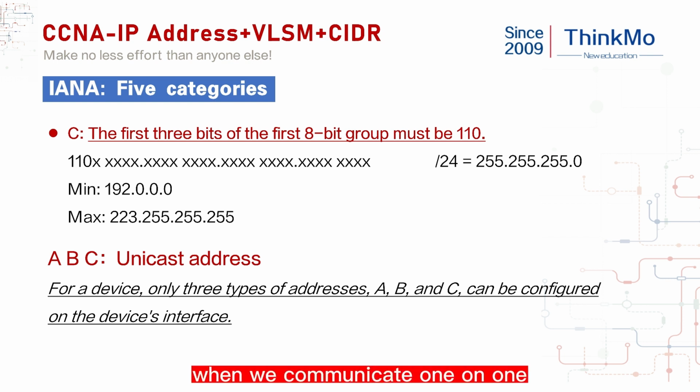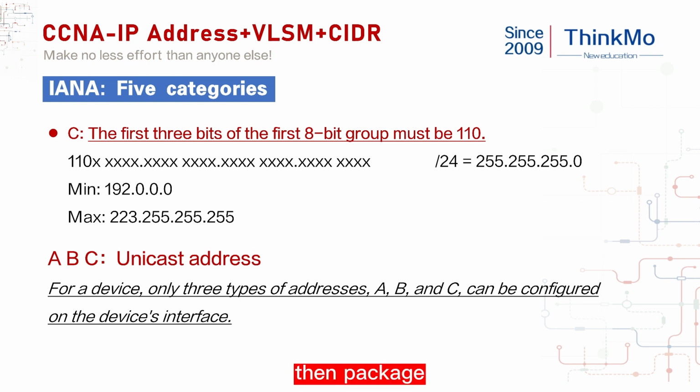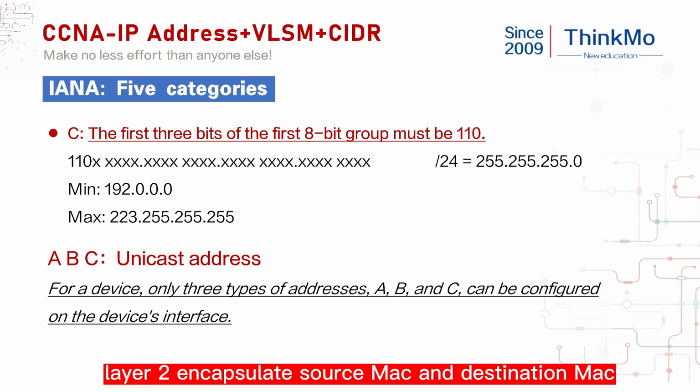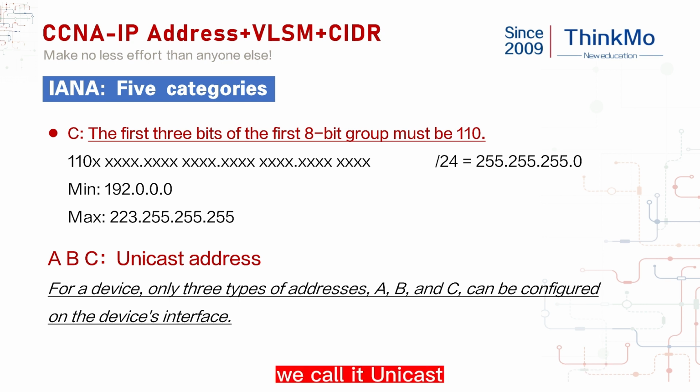When we communicate one-on-one, we do data encapsulation, then package. Layer 2 encapsulates source MAC and destination MAC. Layer 3 encapsulates source IP and destination IP. Then one device communicates with another device. We call it unicast.